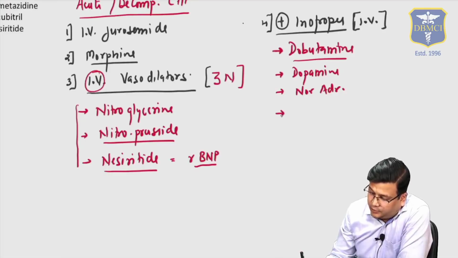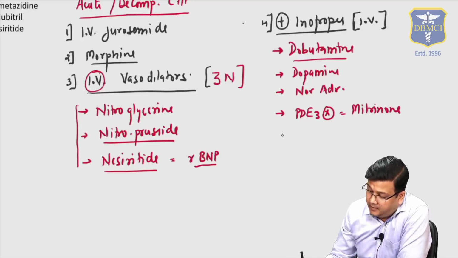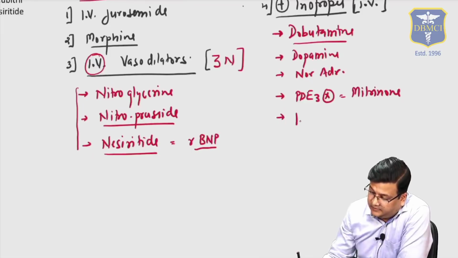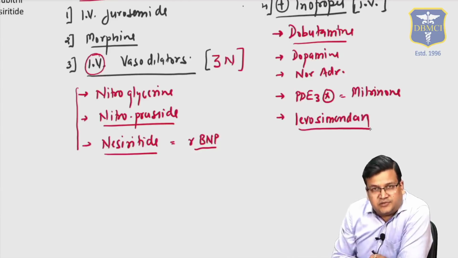What are the other inotropes that can be used? Phosphodiesterase type 3 inhibitors like milrinone can also be given. Then there is a new inotrope known as levosimendan, a calcium sensitizer, which also acts as an inotrope.